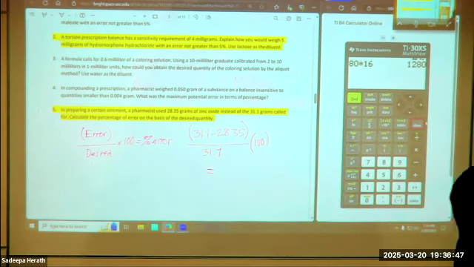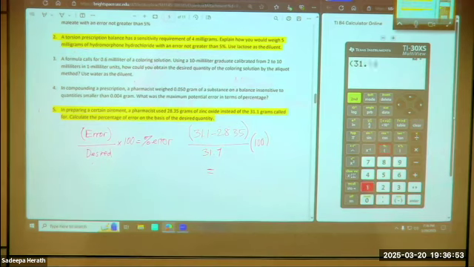Handy dandy calculator. Let's clear that out. 31.1 minus 28.35 divided by 31.1 times 100.